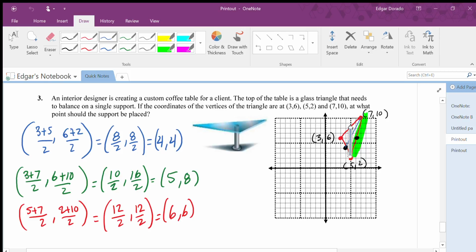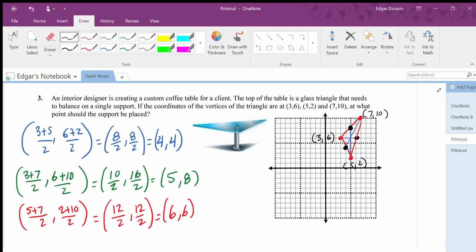Okay, and then finally one last one, grab my little tool here, from this point on the left to this other one right there.